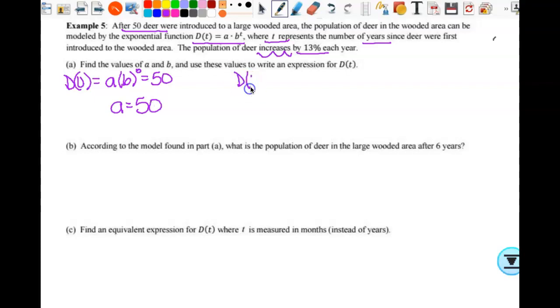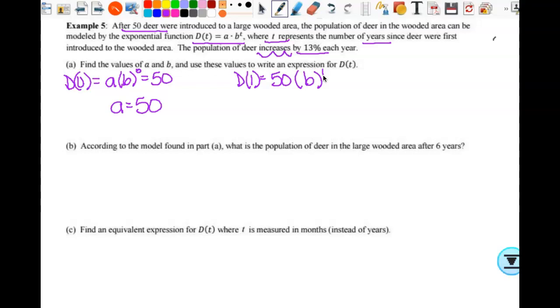So then let's use 1. So D of 1 is equal to A, which is 50, times B, which we don't know, to the first power. And we don't know what that value is. But if I wanted to find that value, right, if I'm going to increase by 13%, what do I have to multiply 50 by? 1.13.